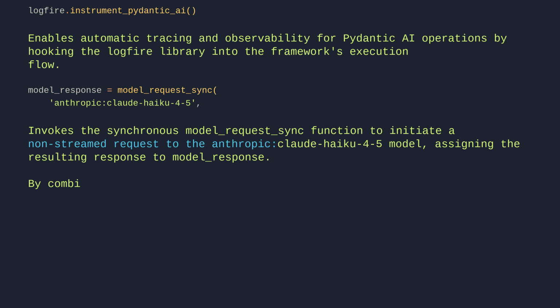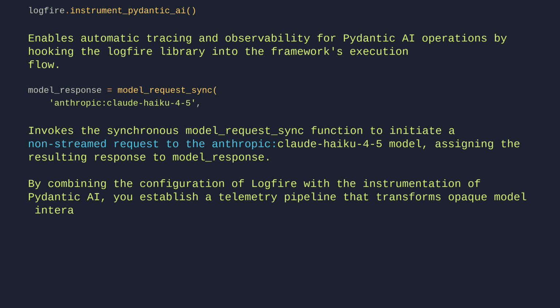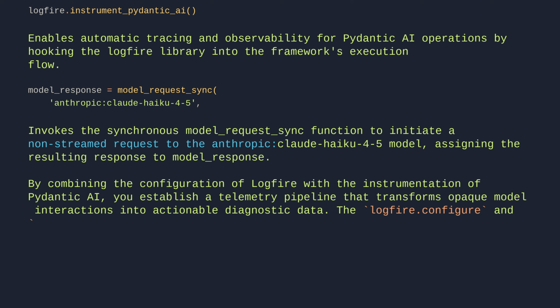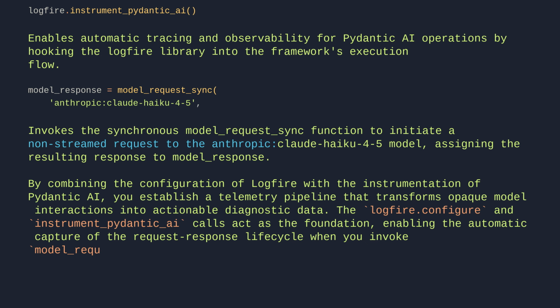By combining the configuration of Logfire with the instrumentation of Pydantic AI, you establish a telemetry pipeline that transforms opaque model interactions into actionable diagnostic data. The Logfire.configure and instrument_pydantic_ai calls act as the foundation, enabling the automatic capture of the request-response lifecycle when you invoke model request sync.